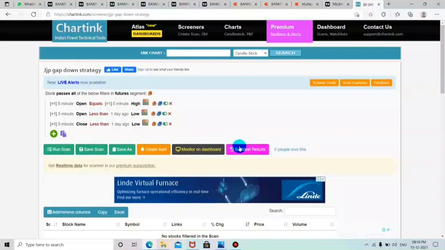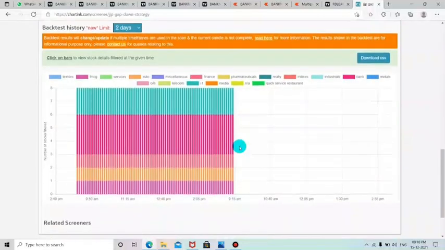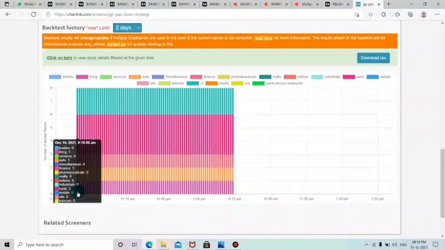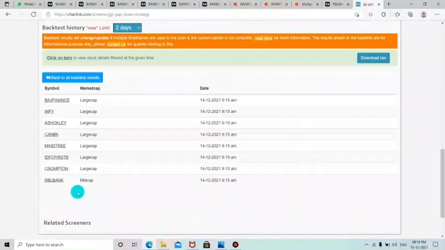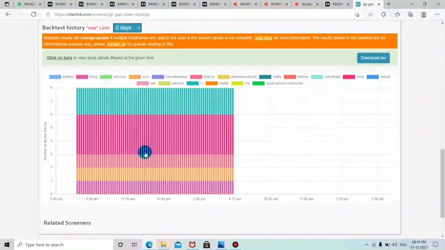This backtest result will show us at which candle we are getting the scanner signal in the morning itself. First of all, I will look at the 9:15 candle, and the same stocks have been reflected on the 14th fully.